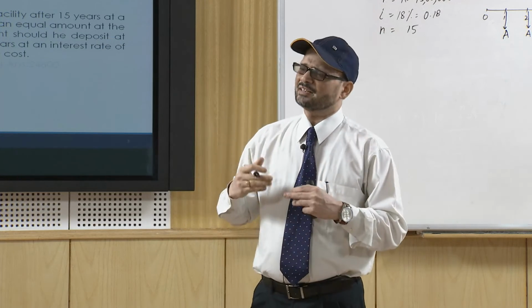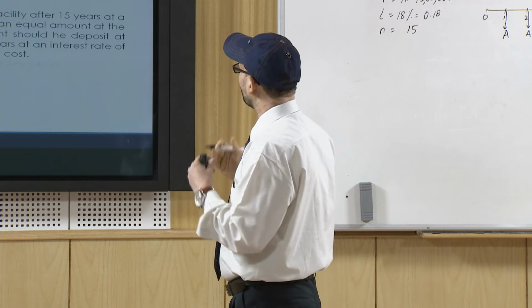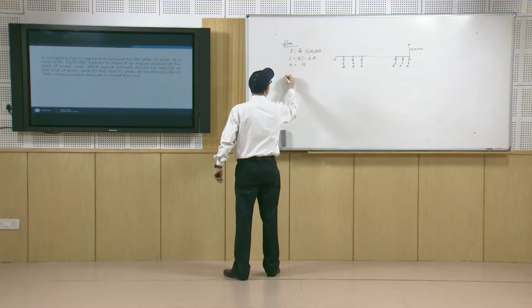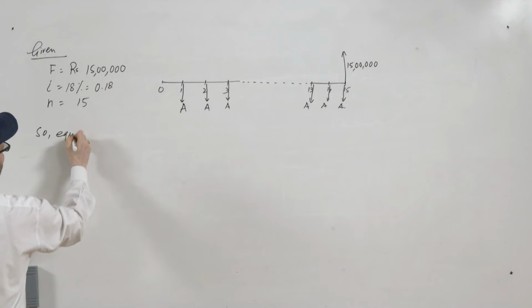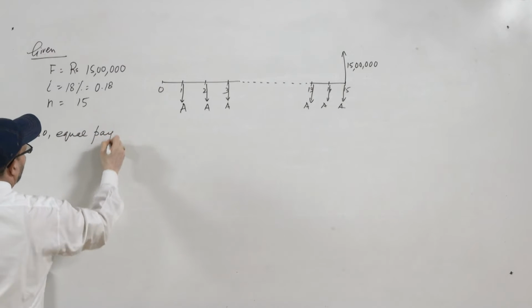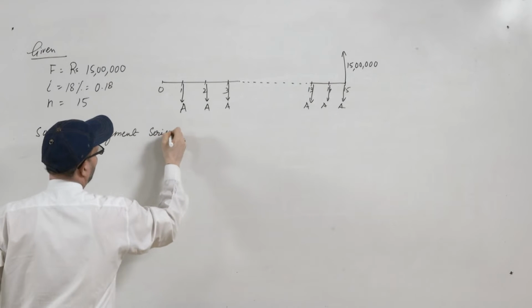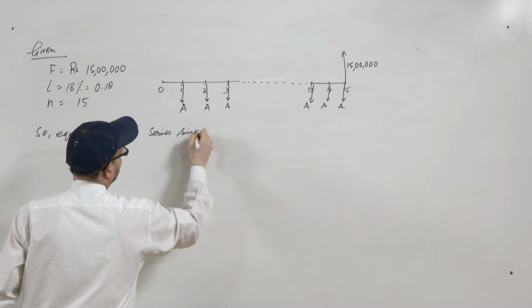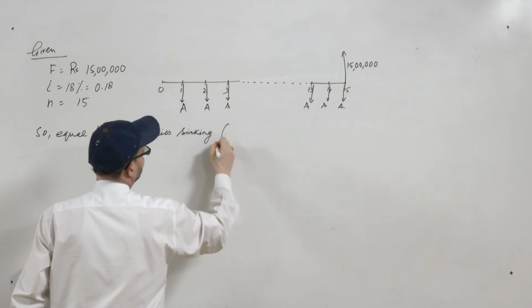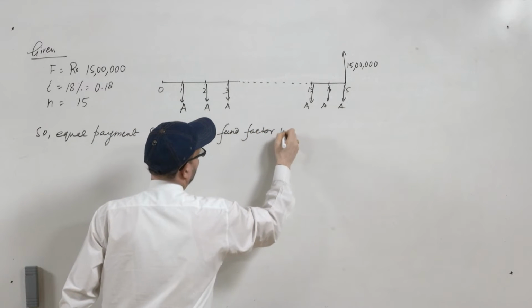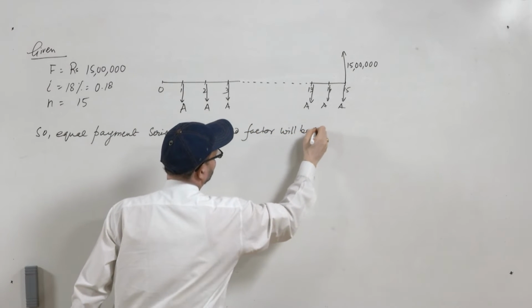That is why the equal payment series sinking fund factor, that is A by F, will be used.